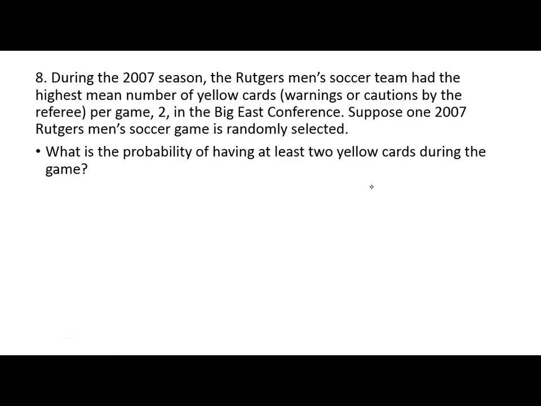So maybe sort of a general, let's go back to x. If I let x equal the number of yellow cards during the game. Well, I guess another way to pick this out as Poisson is you have a fixed amount of time, right?